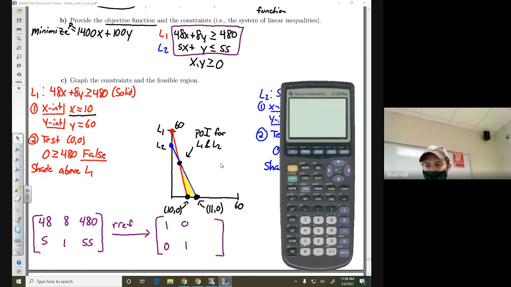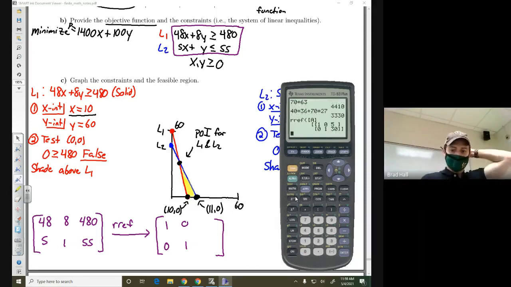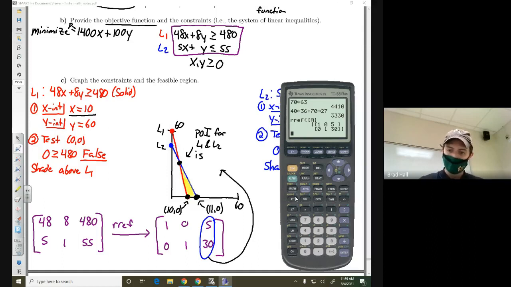So let's go ahead and figure that out right fast. 48, 8, 480, 5, 1, 55. And we apply the RREF command once more. Get 5 and 30. So this column tells us that the missing point is 5, 30.